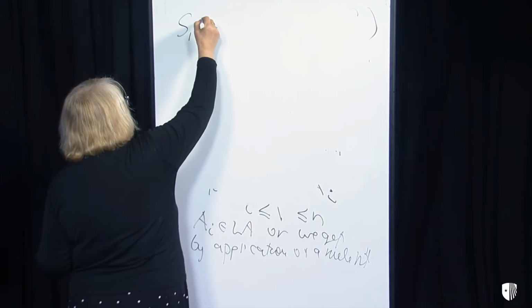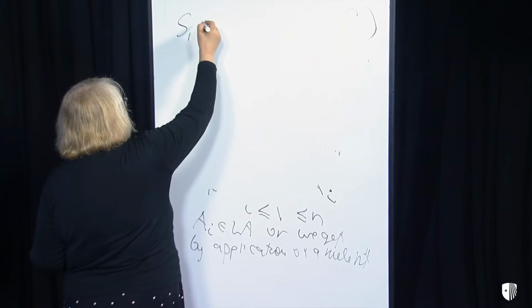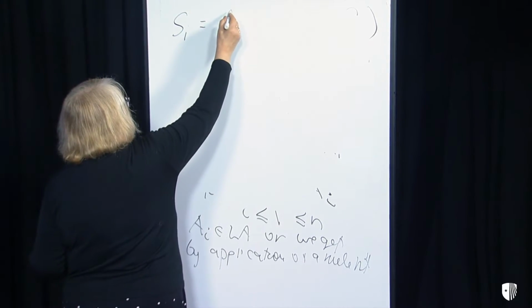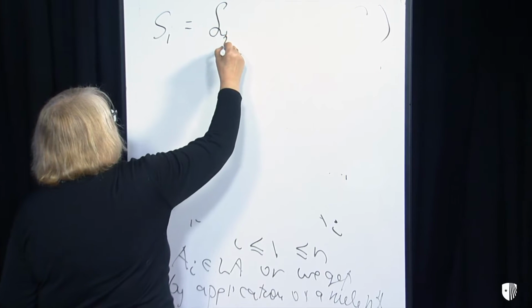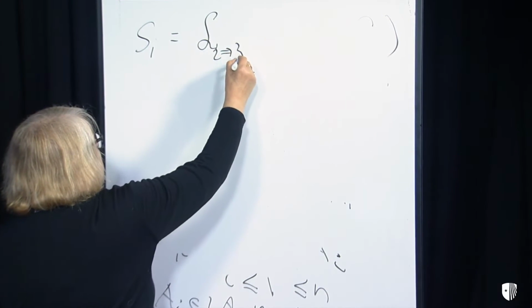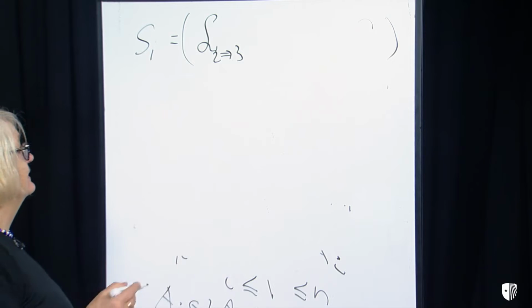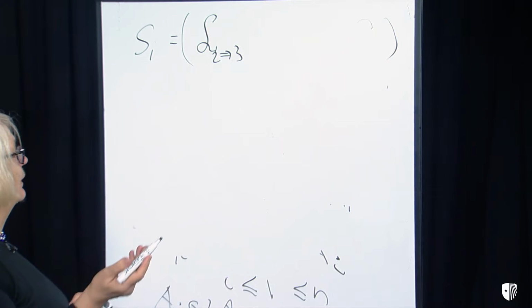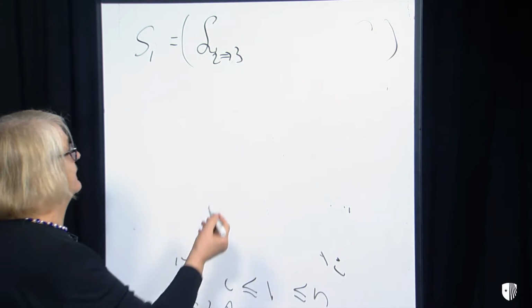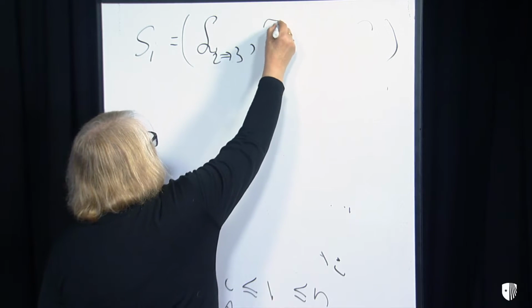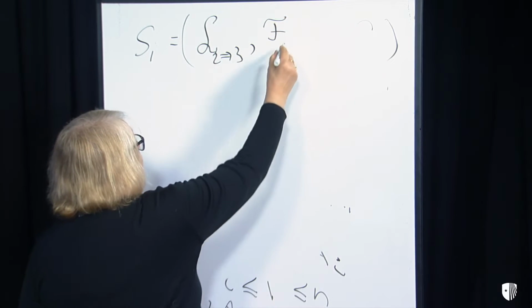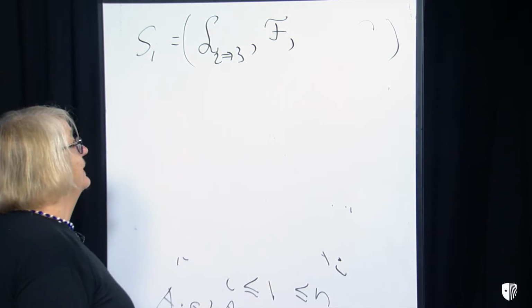I have to say what is the language. I have a language which has only implication, a very nice little language. So formulas have only one two-argument connective, which is implication. Expressions are just formulas of the language.